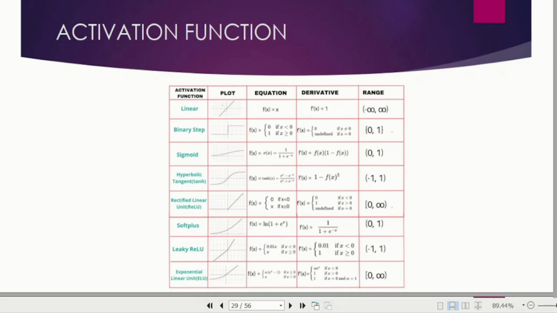So basically it is very important to know about the different types of activation functions. Activation functions are useful because they add non-linearities into the complete neural network, which allows the neural network to learn powerful operations.